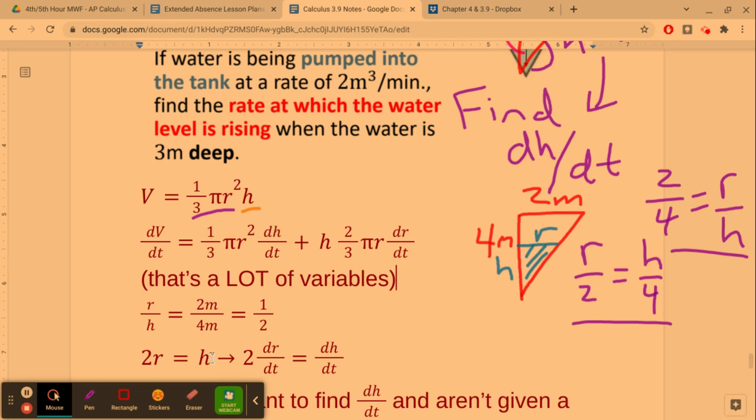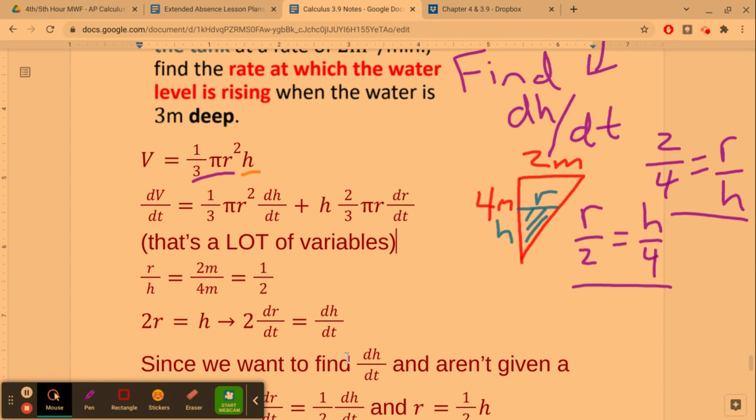Not only do I know a relationship about r and h, but I also know a relationship about dr/dt and dh/dt. I can implicitly differentiate left side and right side. 2 dr/dt equals dh/dt. Cool. So now we got a lot of information.